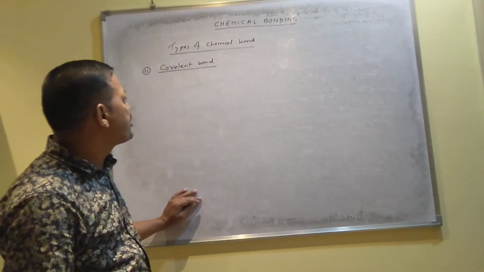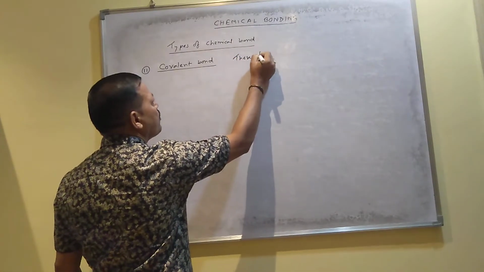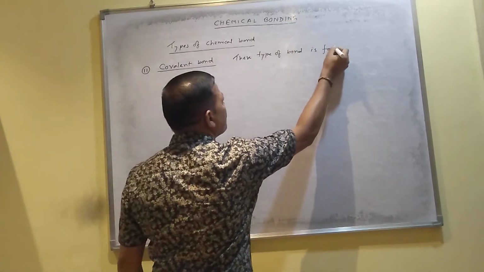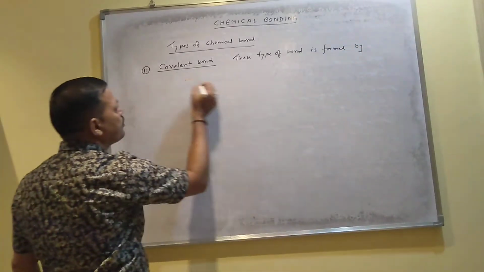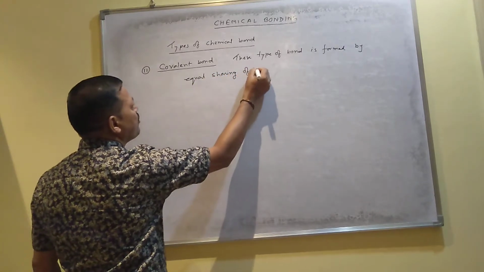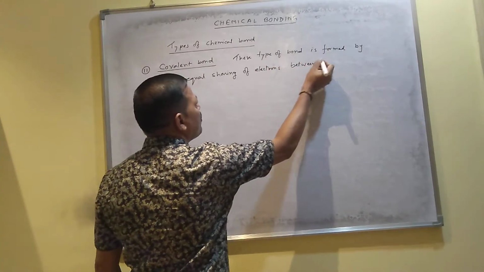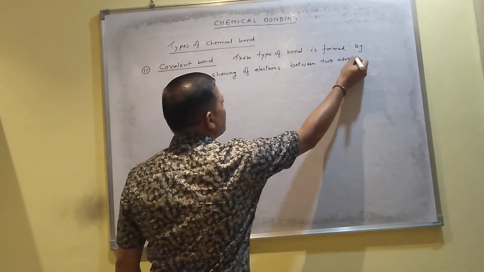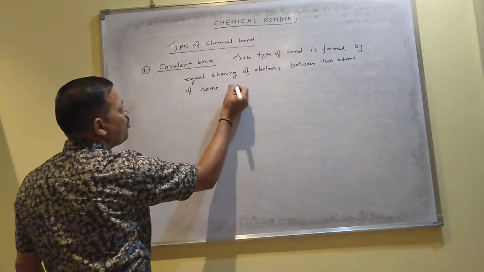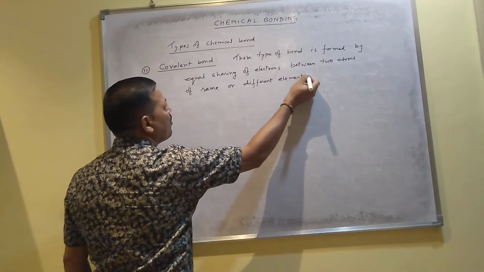This is another type of bond, which is called covalent bond. This type of bond is formed by equal sharing of electrons between two atoms of the same or different element.